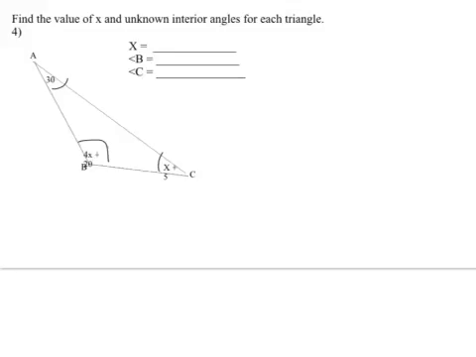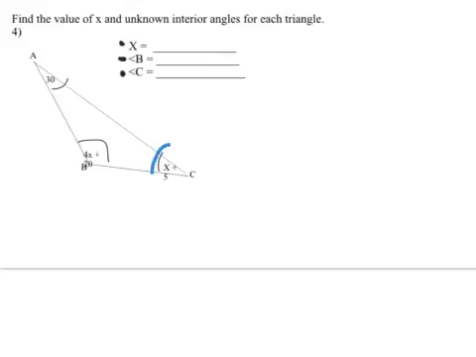So the last two examples are a little bit different. The directions this time say find the value of x and unknown interior angles for each triangle. So we want to find what x is equal to, and then the measure of angle B and the measure of angle C. So let's start with our angles.